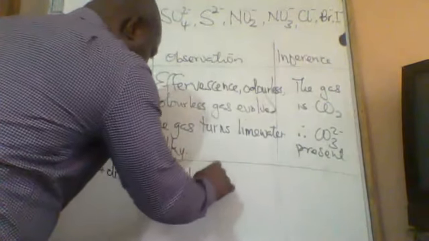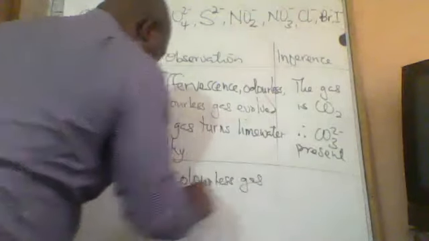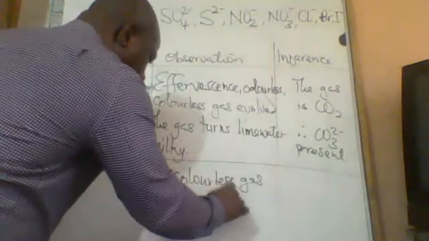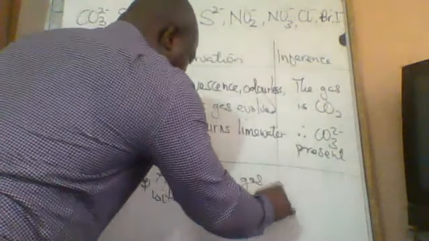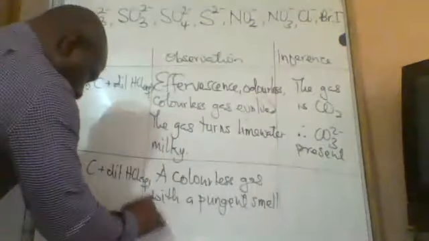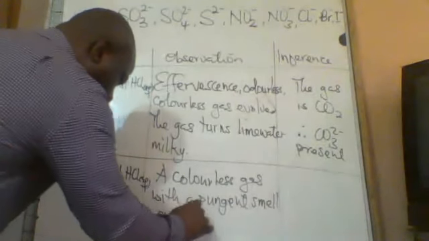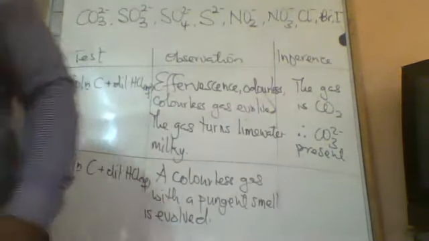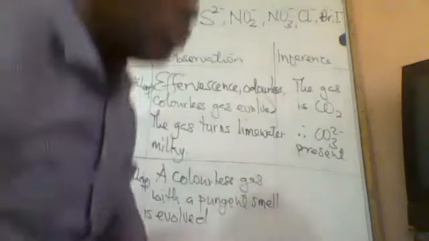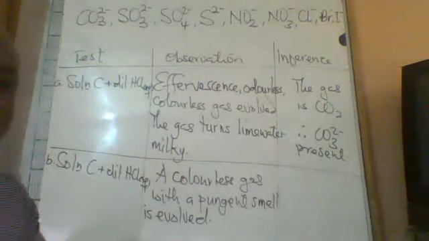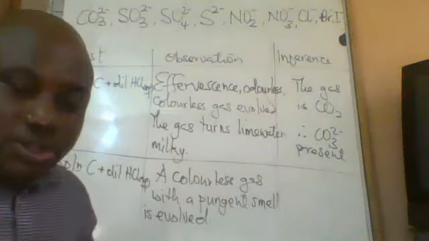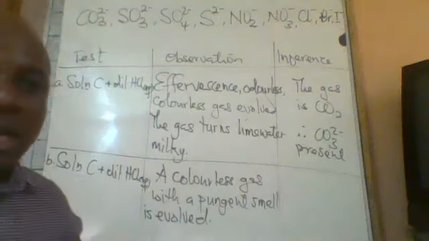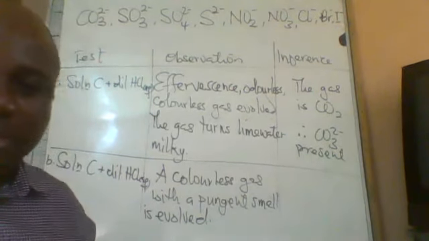A colorless gas with a pungent smell is evolved. Here, the gas which is evolved is actually SO2. And SO2 smells like a struck match. You know, when you strike a match, it has some peculiar scent. That is how a pungent smell is.